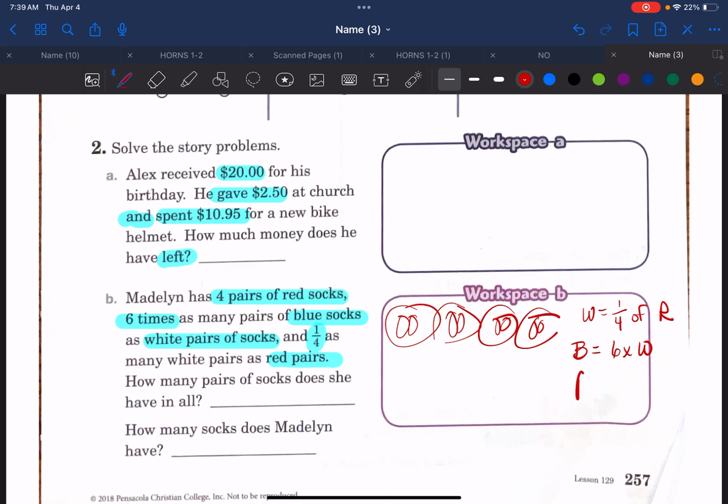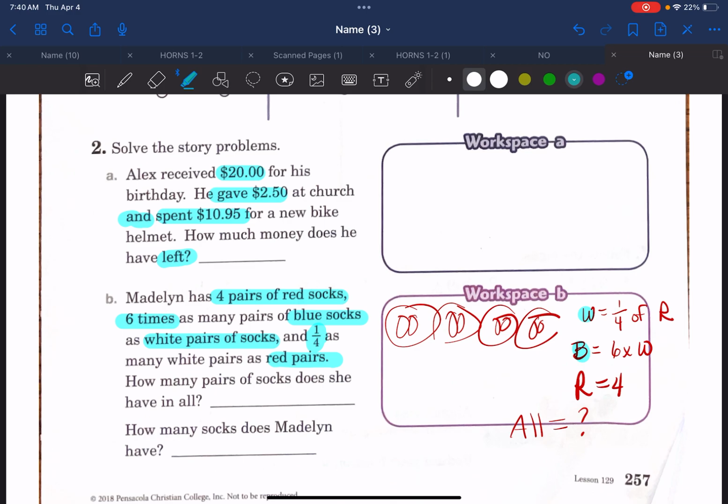And then red is 4. Then it wants to know how much are in all. So you still need to figure out how much white is. After you figure out how much white is, then you can figure out how much blue is. And then you can figure out how many Madeline has in all.